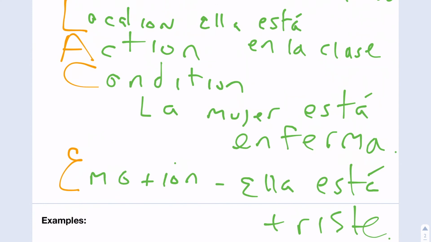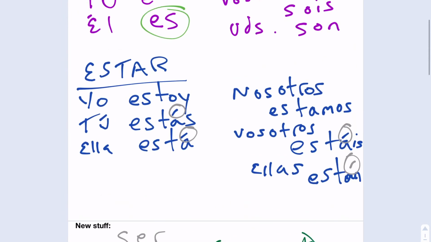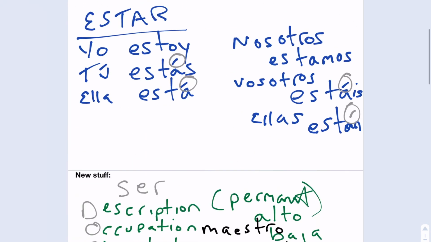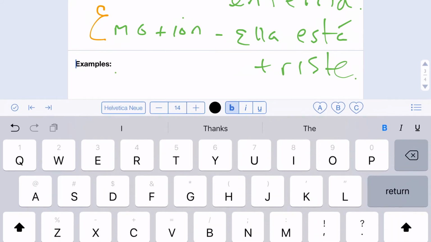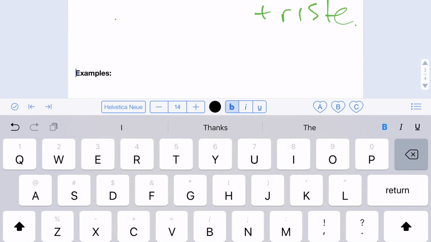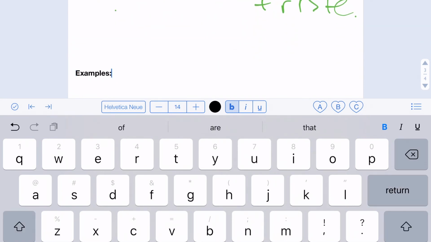So once you finish these notes, you have it all down and you synthesize it a bit, I will type up a few examples down here for you to practice. And you can pause it and then do those.